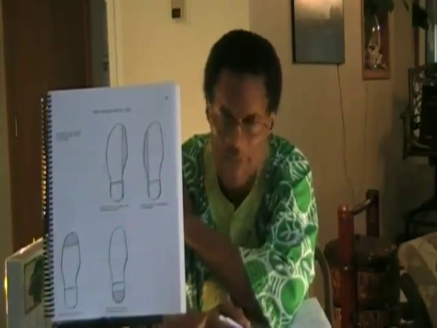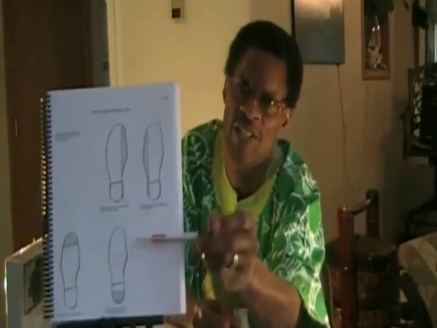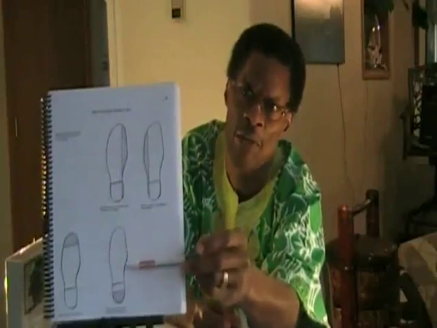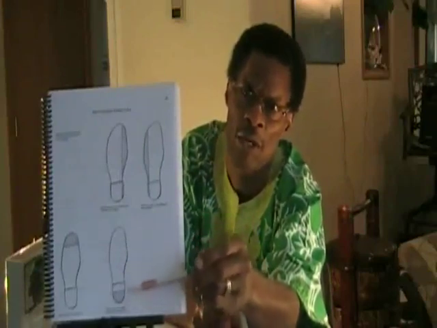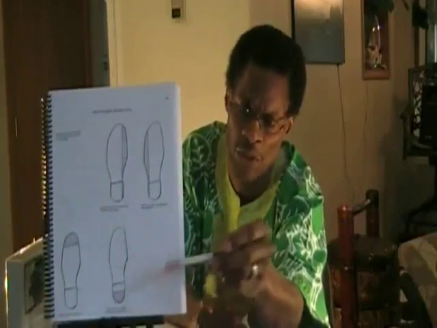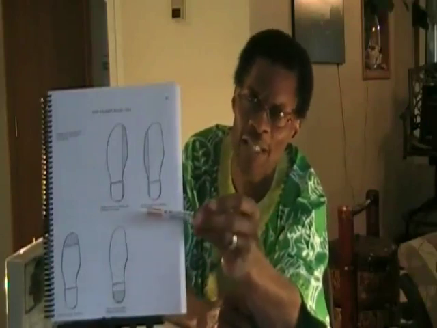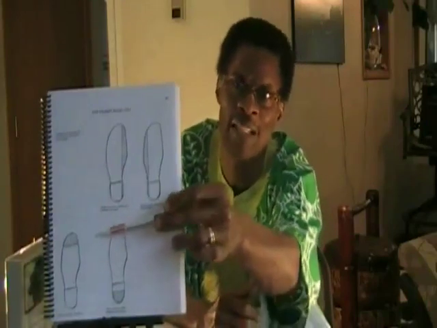If they're wearing the shoes more at the top, remember we're dividing everything into those major sections: upper, middle, lower. So if they're wearing their shoes more here, we know it's lower organ problems, kidney, lower back. If they're wearing their shoes more at the upper part, we know it's related to the upper organs.